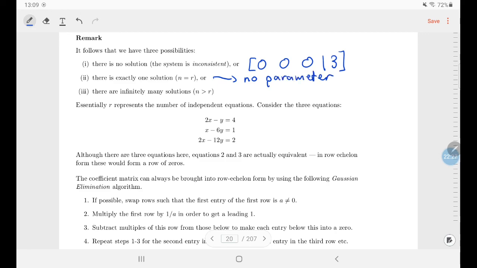And then infinitely many, where you have at least one parameter. Because the parameter can take infinitely many values, each value of the parameter gives you a different solution. And as we said, R represents the number of independent equations.